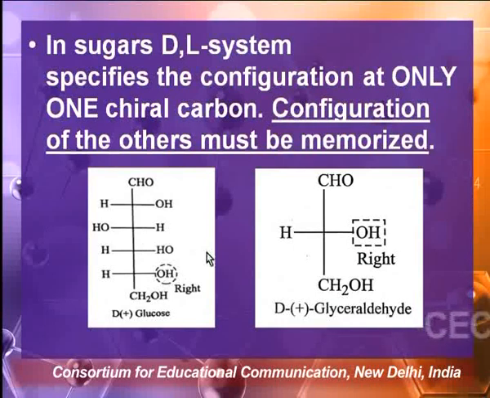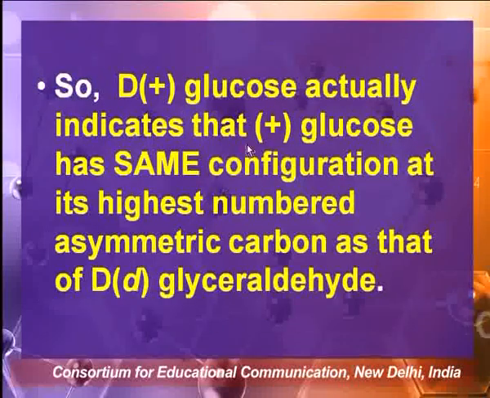And when we are talking of the D and the L configuration, we are discussing the configuration of the entire molecule with reference to glyceraldehyde, and glucose has configuration capital D because it has OH on the right hand side of the horizontal line in Fisher's projection formula at the highest numbered asymmetric carbon.